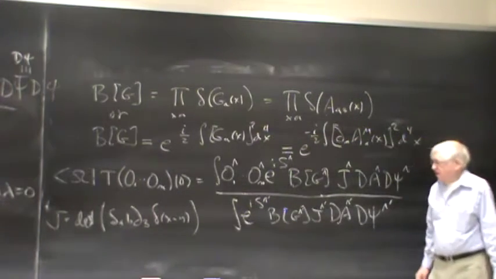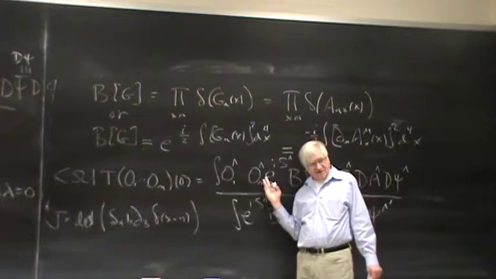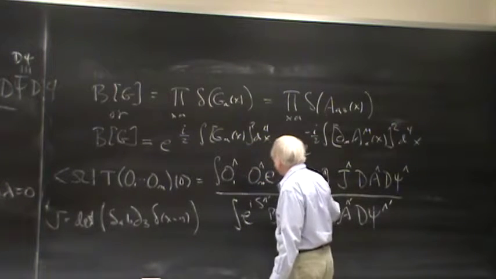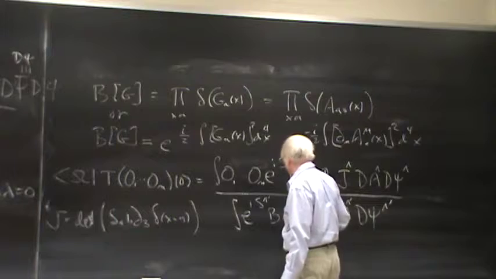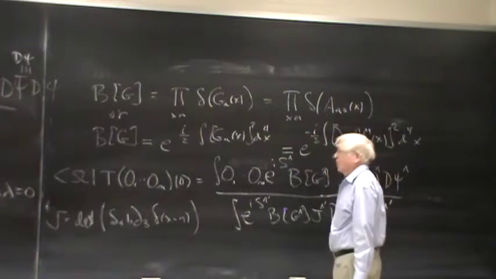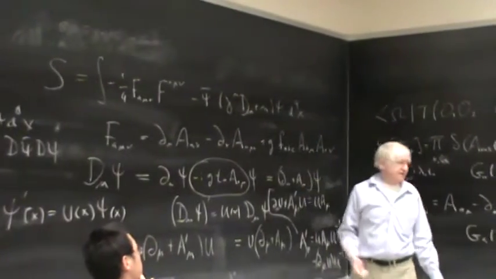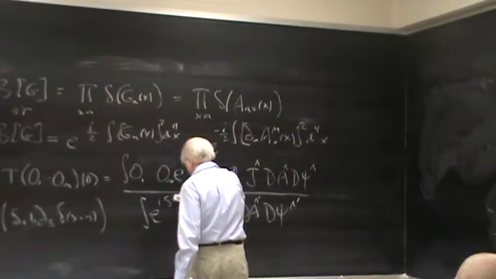Okay. Now here's where we have to insist that the operators be gauge invariant. If the operators are gauge invariant, then we can erase these. Moreover, the whole point of this is that the action is gauge invariant, so there's certainly no reason to keep these terms.